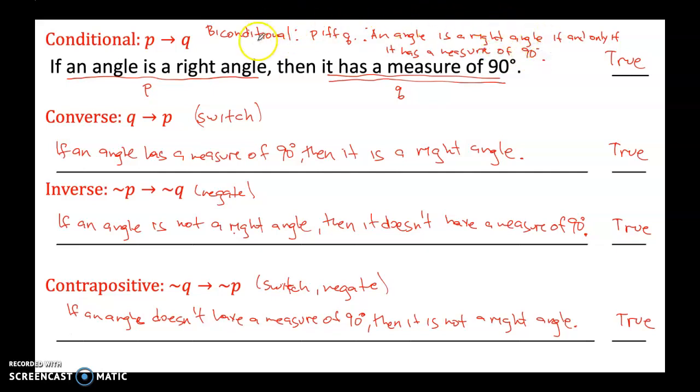So again, the biconditional can always be formed if our conditional and converse are true. They are both true. If one of them is false, we cannot form a biconditional statement.